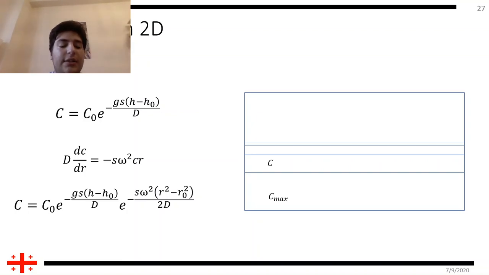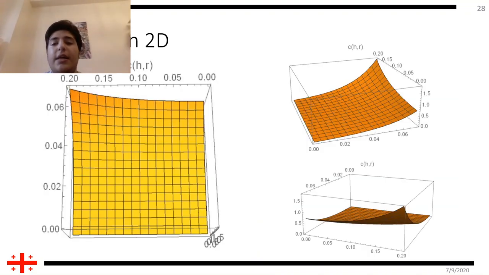So we wrote the same two equations for the centrifugal force and for gravitation, and finally have the profile of how concentration is dependent on the radius and height. And this is a 3D graph where we see how concentration is dependent on height and radius. But we didn't conduct this experiment because in order to see this kind of difference visually, we needed high angular velocities, and under high angular velocities it was impossible to conduct the experiment.